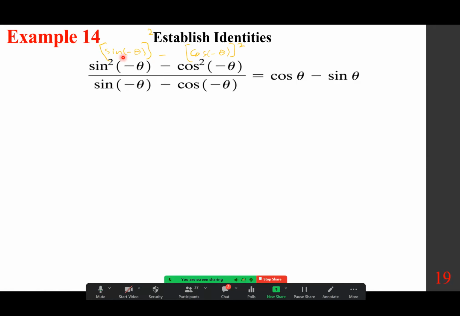So this one, sine of minus theta becomes minus sine theta squared minus cosine of minus theta, and cosine of theta are the same. This is cosine of theta squared. The bottom, minus sine theta minus this is the same. Cosine of theta and negative theta are the same because it's an even function. So this is how you make the change.